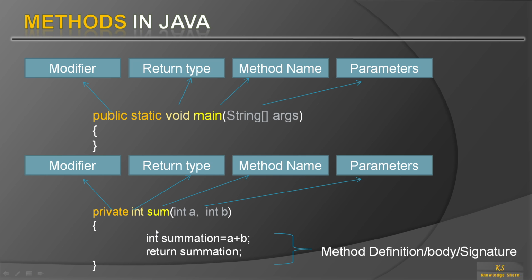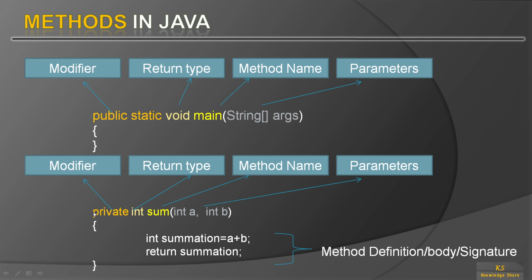Then within these brackets you provide your code, the actions of your method, what you need to perform. Here I want to perform an addition of two numbers, so I write code related to that. I create one more integer variable and assign a plus b, which means I am summing up two numbers. Then return summation.